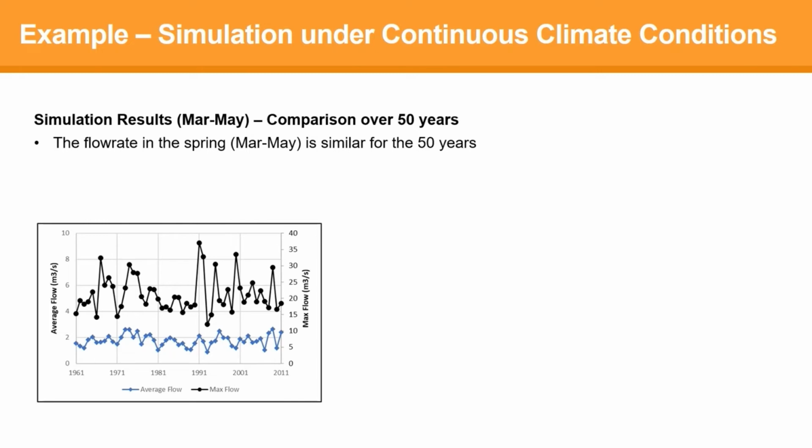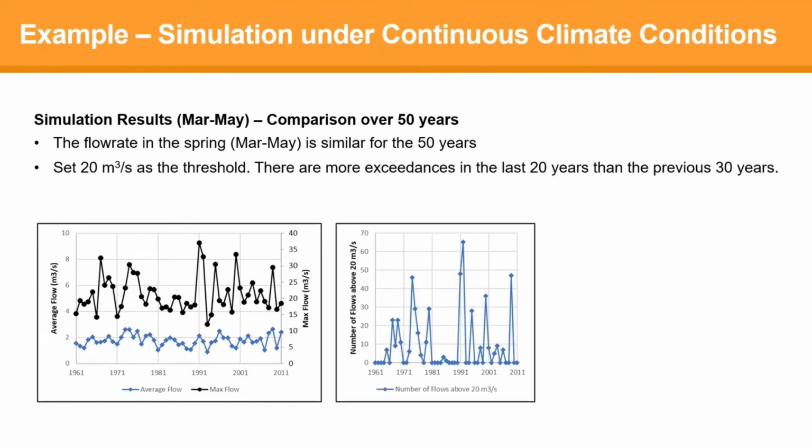First, for the flow rate, I do not see too much change. You see here the average and the maximum flow over those 50 years. So I cannot say that it's a significant change, or that we see some trend here.